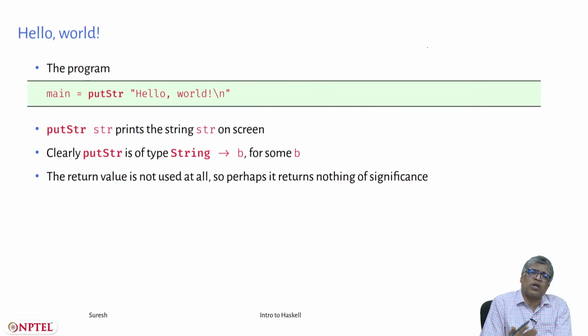Once you put a string on the screen, that's it, right? So technically speaking, all functions in Haskell should have type: some argument type, arrow, return type. In fact, you can skip the argument type. You can have a Haskell function with 0 arguments, so there will only be the return type, but you can never ever skip the return type.